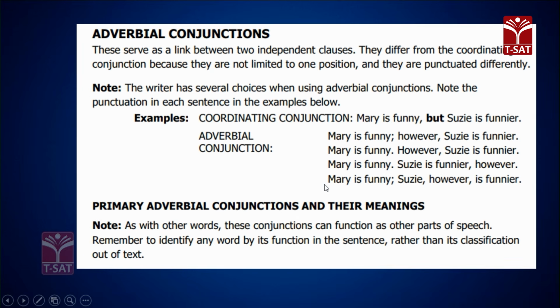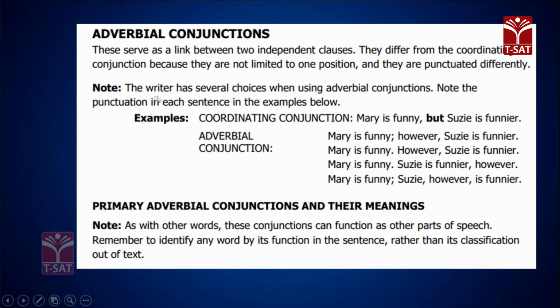They differ from the coordinating conjunctions because they are not limited to one position, and they are punctuated differently, right. So, to repeat, these serve as a link between two independent clauses.